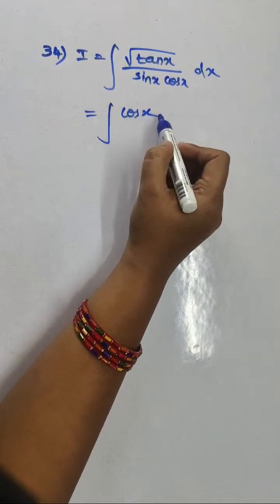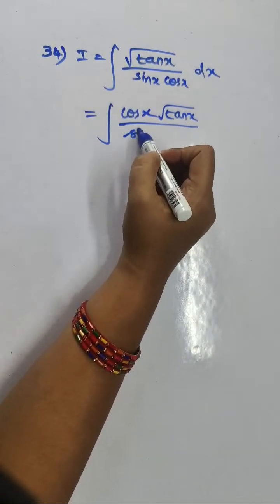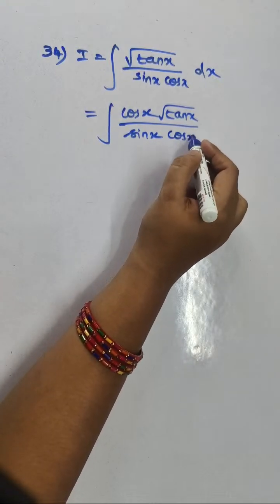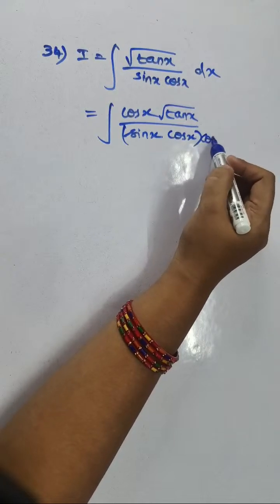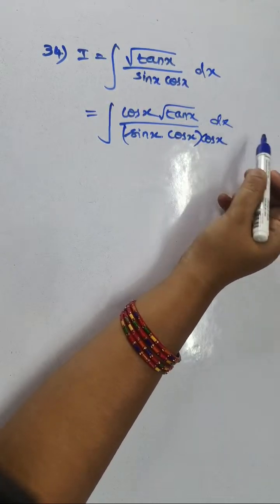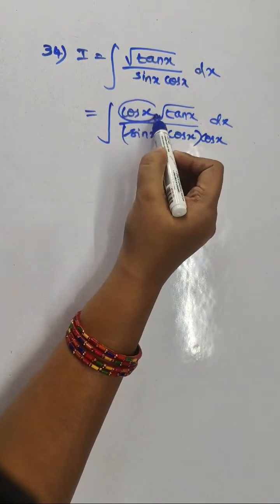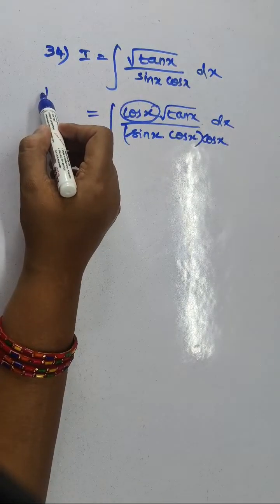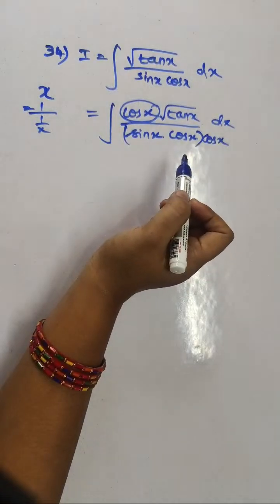now what we are going to do is take this cos x to the denominator, that is, writing it as 1 by 1 by cos x.